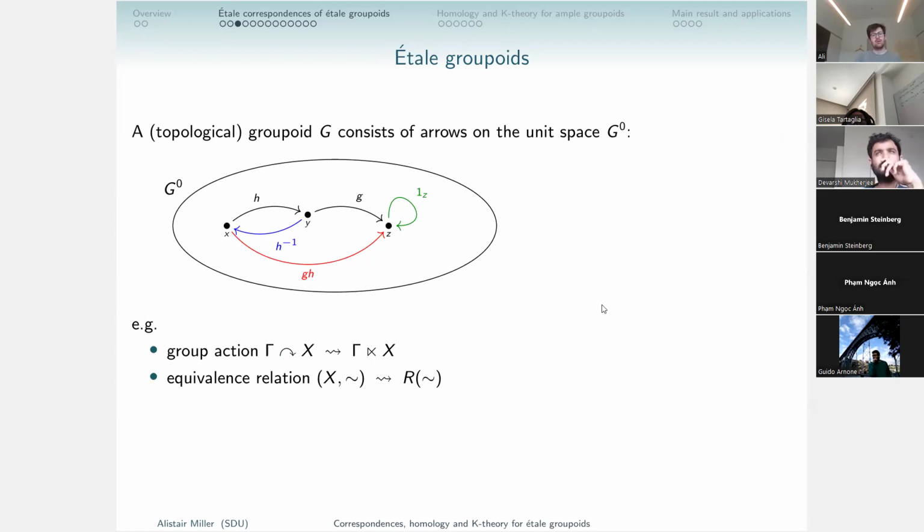On the other hand, if you've got an equivalence relation on a space, you can draw an arrow if two points are related. And this gives you a groupoid, thanks to the equivalence relation axioms. Usually I'll use an R to denote that it's an equivalence relation. So these are two ends of the groupoid spectrum in some sense. Obviously spaces with only trivial arrows are also groupoids, and groups which only have one unit are groupoids.